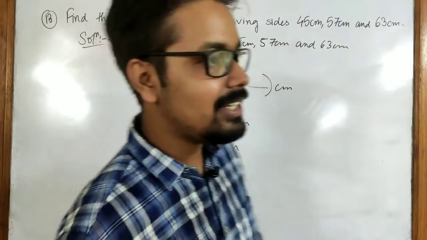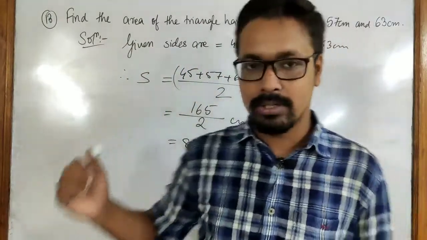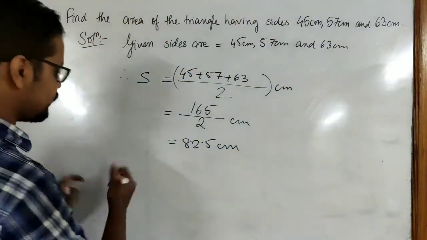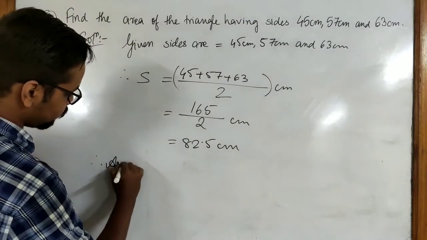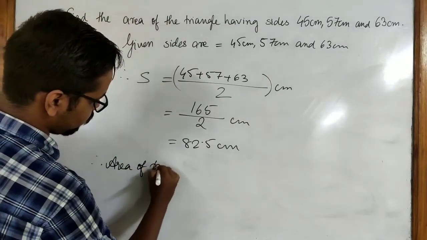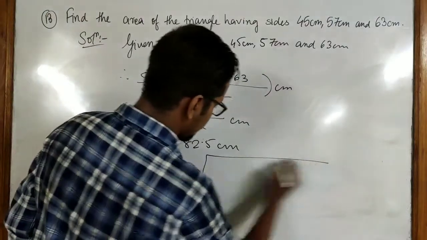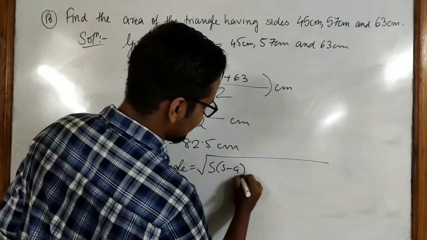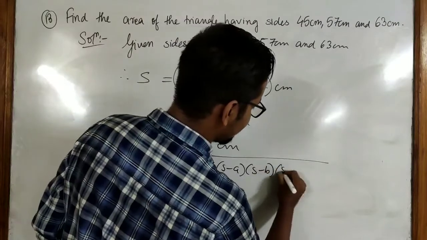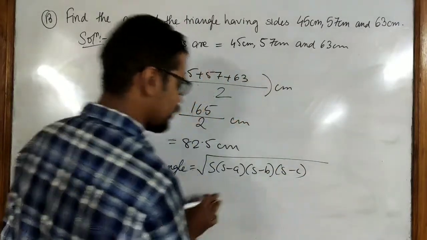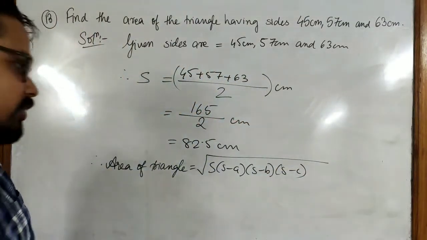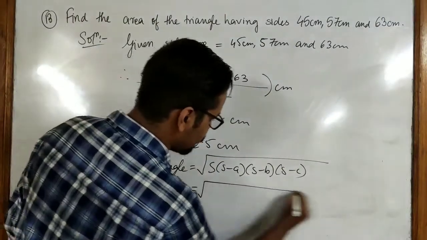Now we need to find the area of this one. How do we find the area of the triangle? The formula is the square root of S into S minus A into S minus B into S minus C. So what is going to be S?